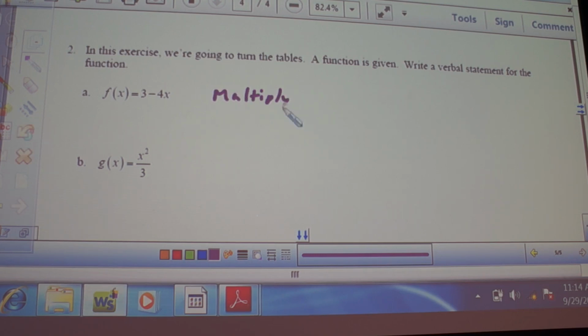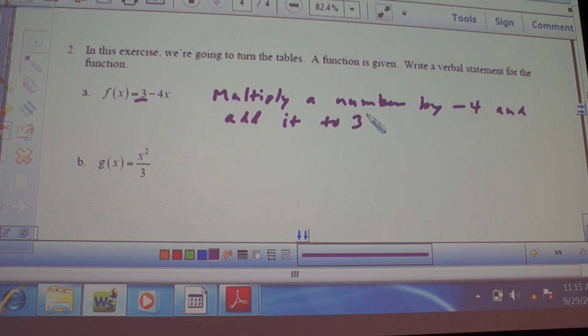Negative, sure. Multiply a number by -4, sure. And then what? And then add it to 3, yep.